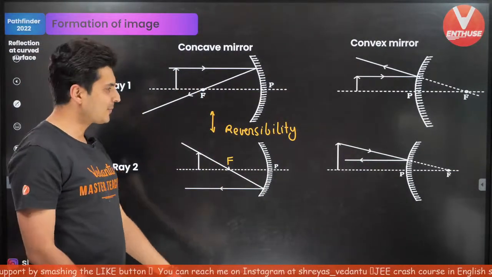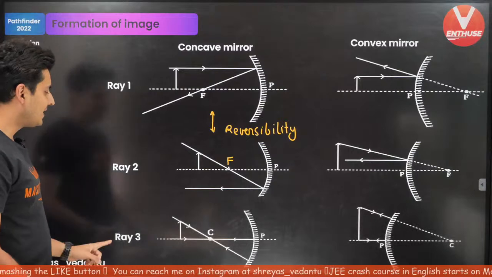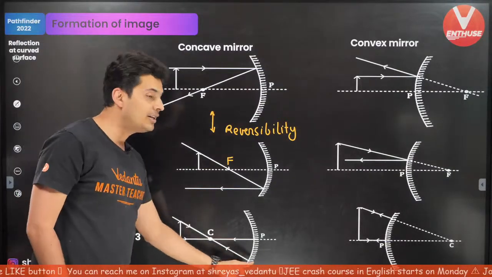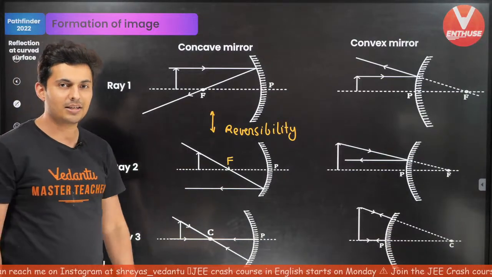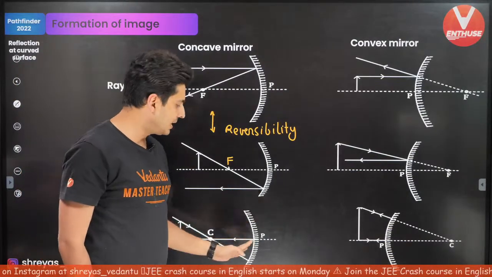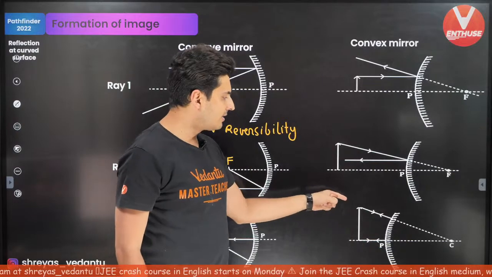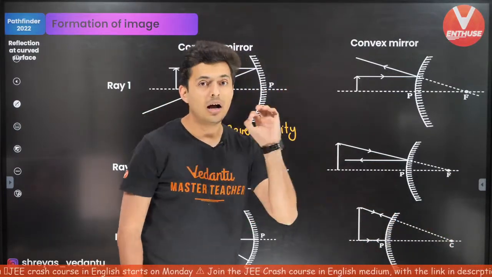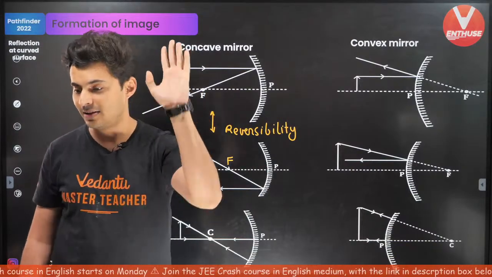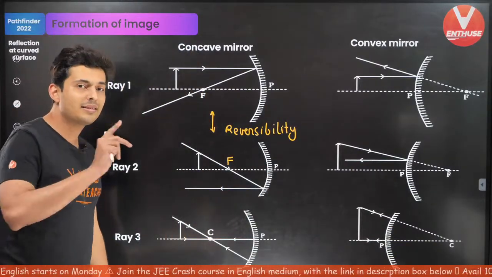The third rule is, if the ray passes through the center of curvature, it rebounds back in the same direction along the same line, be it concave, be it convex. If the ray is incident towards the center of curvature, it rebounds back along the same path. Keep this in mind. Now, why is this true?